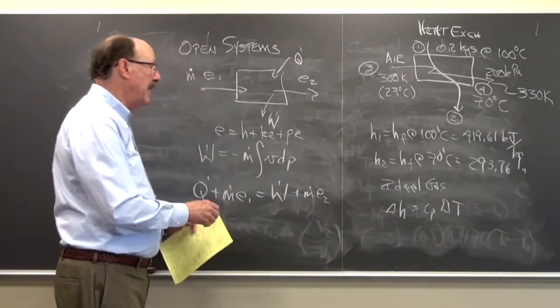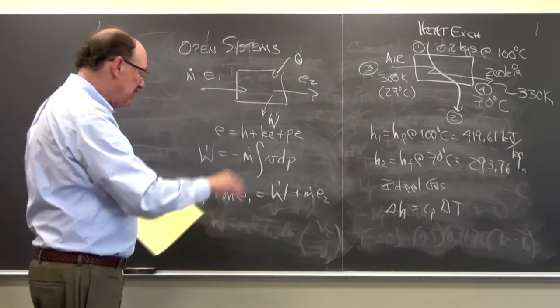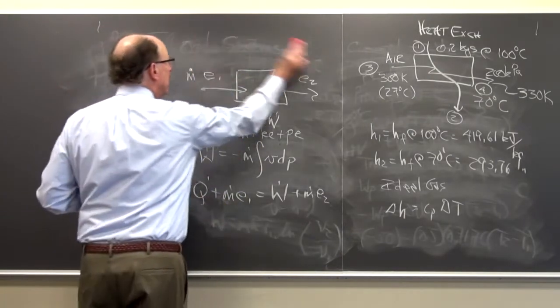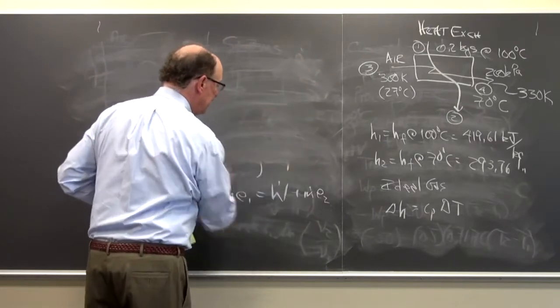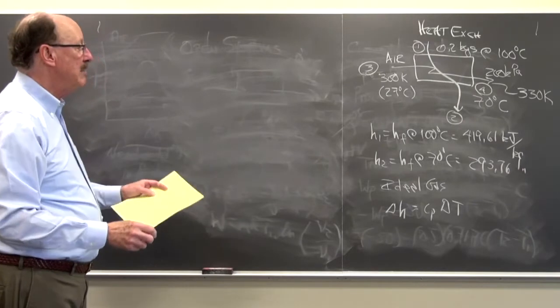So now let's look at the heat exchanger. Both substances are at constant pressure. They're separated by tubes. And so now we'll apply this, and let's look first at the control volume for the water.